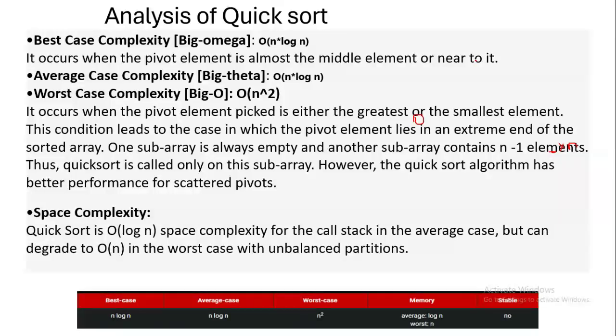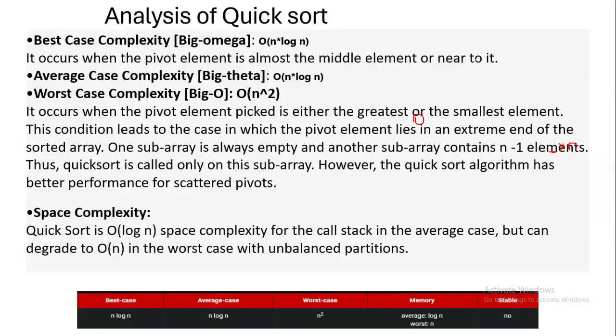Quicksort has big O of log n space complexity for the call stack in the average case, but it can degrade to big O of n in the worst case with unbalanced partitions. It is generally considered an in place algorithm as it doesn't require significant additional space.